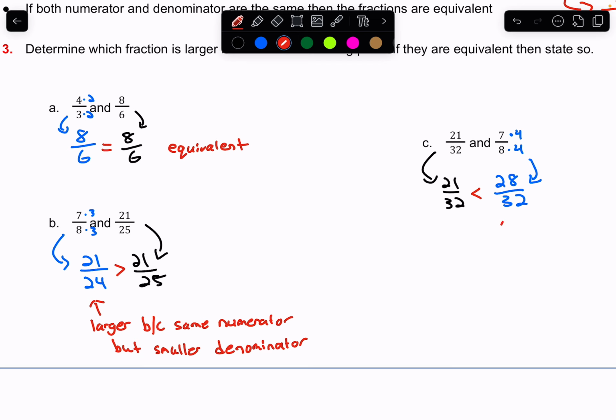Okay, so we're going to say that 28 over 32 is larger because same denominator, but larger numerator. Okay, so again, for this one, imagine you're cutting the two things into the same number of pieces. So if the thing you're cutting up is larger, then each piece at the end will be larger.